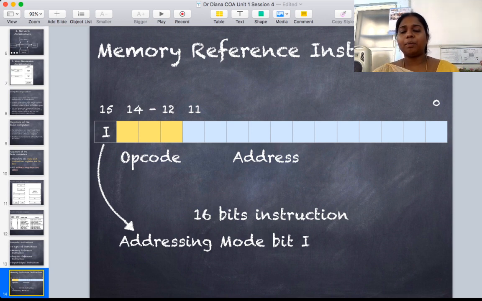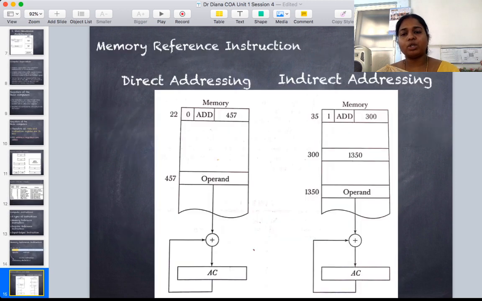And this addressing mode I is used to indicate whether it is a direct addressing mode or an indirect addressing mode. Its value is 0 for direct addressing mode and 1 for indirect addressing mode. And we have also seen the difference between direct and indirect addressing mode.